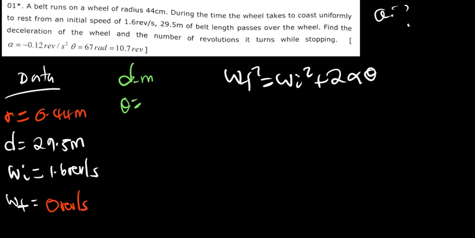Theta is angular displacement. So when we're talking about rotational motion, theta represents distance. That's what I meant. Theta represents distance, but it is in radians, so it can be in radians or revolutions.